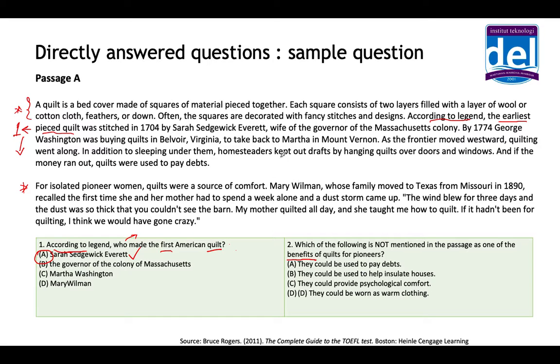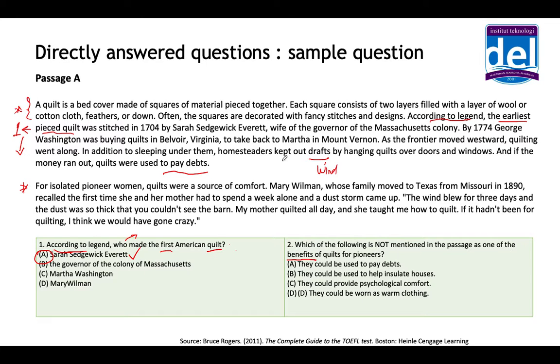This is also another function of quilts, that is to keep out drafts. Drafts are like wind, so to keep out wind by hanging quilts over the doors and windows. "And if the money ran out, quilts were used to pay debts." This is also another function.